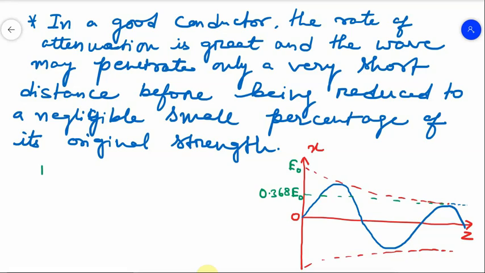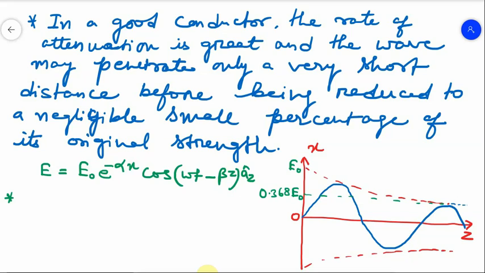If we consider E equals E0 e to the power minus alpha x, cos, and it is a function of time and space, we can write omega t minus beta z, and the component along az. The amplitude of the wave decreases by a factor e to the power minus.